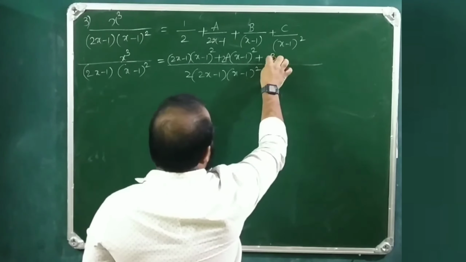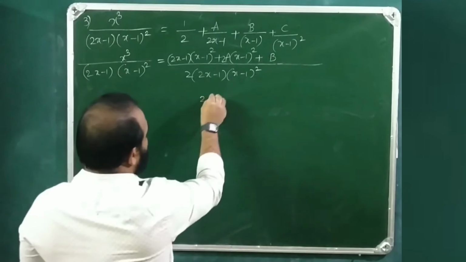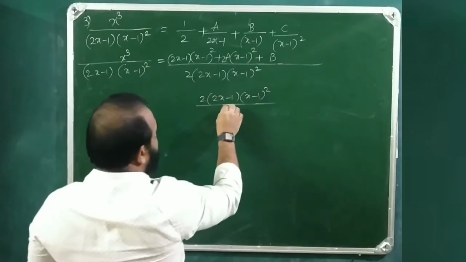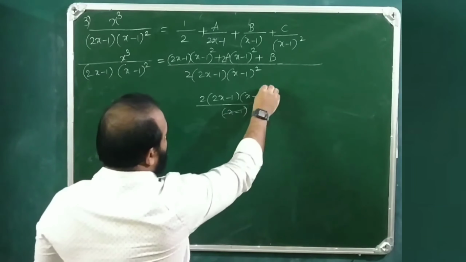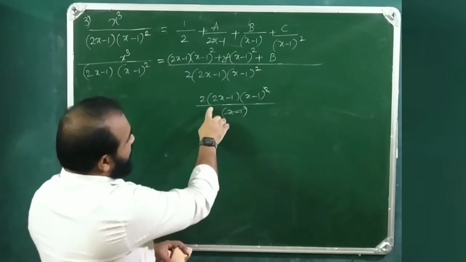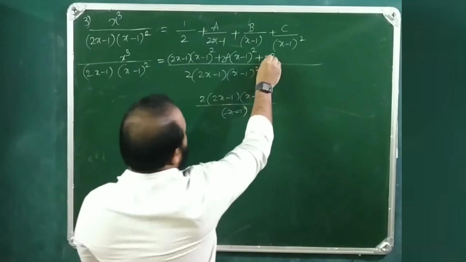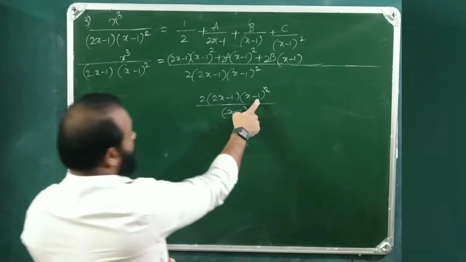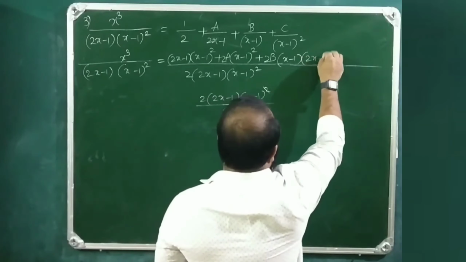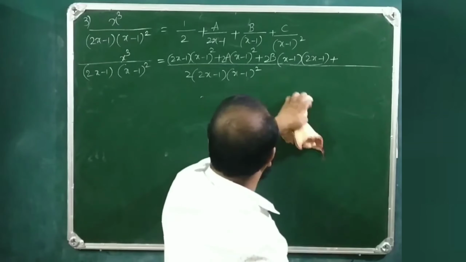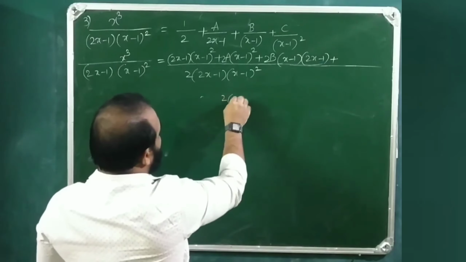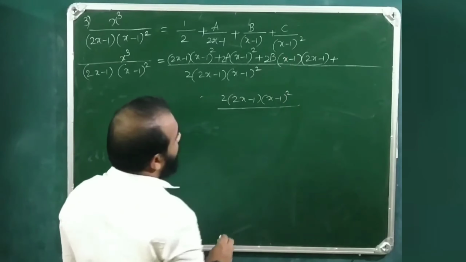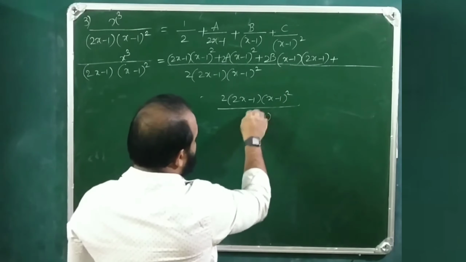b into, so this is 2 into 2x minus 1 into x minus 1 whole square by x minus 1. So x minus 1 gets cancelled. So this into b. So 2b into x minus 1 into 2x minus 1 plus 2 into 2x minus 1 into x minus 1 whole square by x minus 1 whole square.